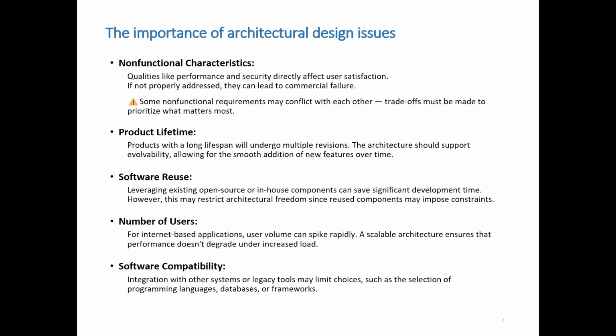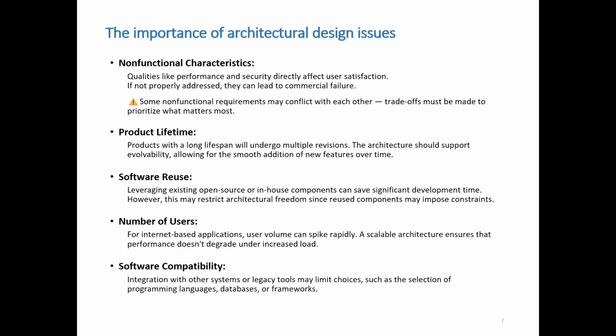With online applications, usage can grow or shrink overnight. If your architecture doesn't scale up or down gracefully, you risk performance issues or wasted resources. And finally, compatibility. If your system has to work with other software, maybe an existing database or a third-party platform, those requirements will influence the tools and structure you choose.